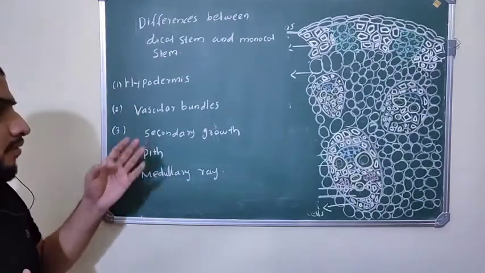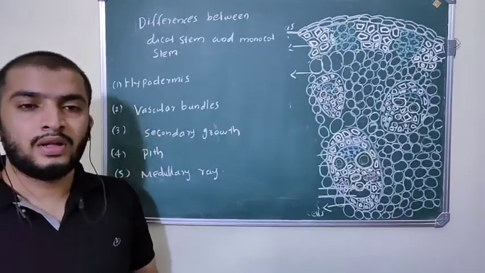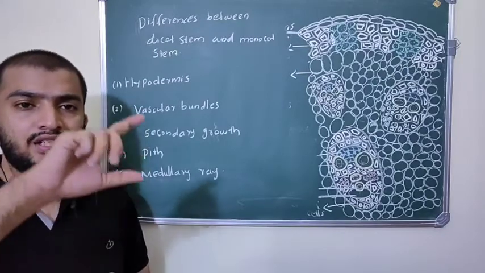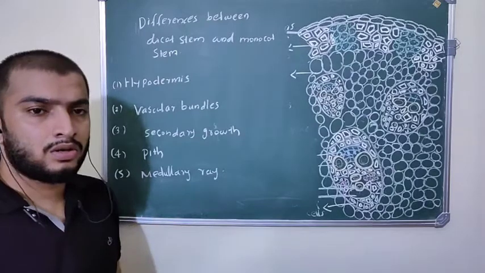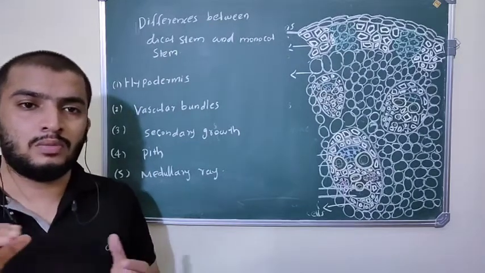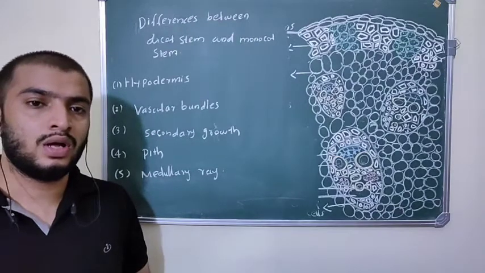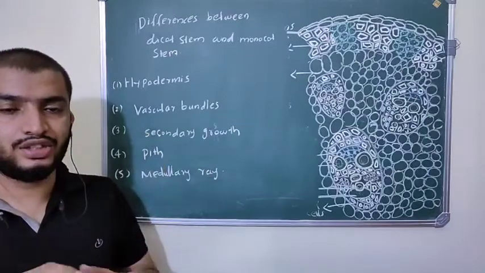Then what about vascular bundles? Vascular bundles in dicot stem are fewer in number and are arranged in the form of a ring. But in monocot stem, numerous vascular bundles are present and they are scattered in the ground tissue, and they have a skull shape.